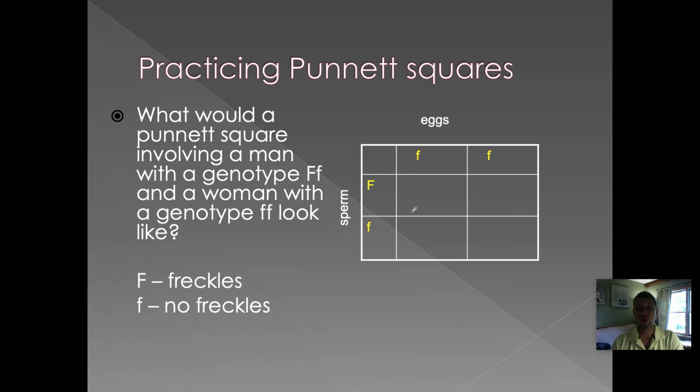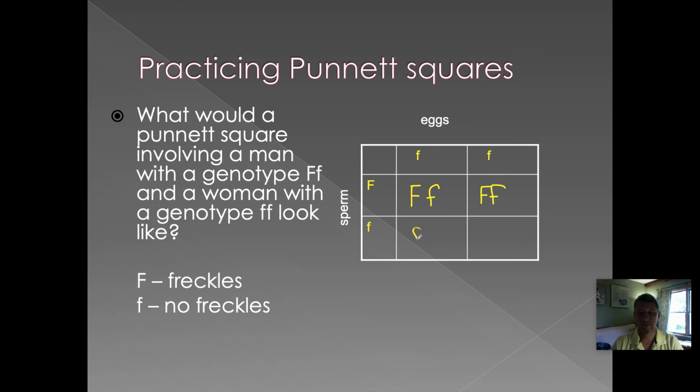And so, what are the possible combinations? Well, this child would be heterozygous. Does he or she have freckles? Yes. This child is also heterozygous. Does he or she have freckles? Of course.